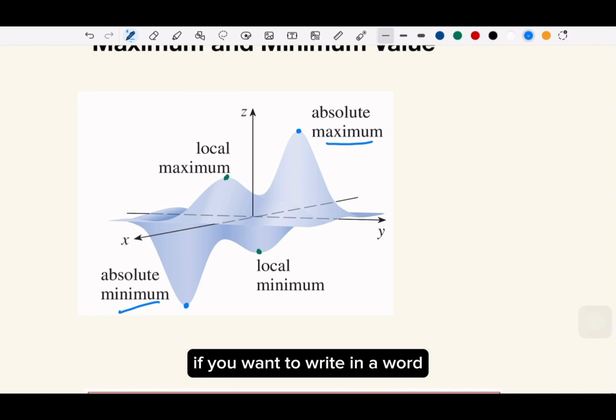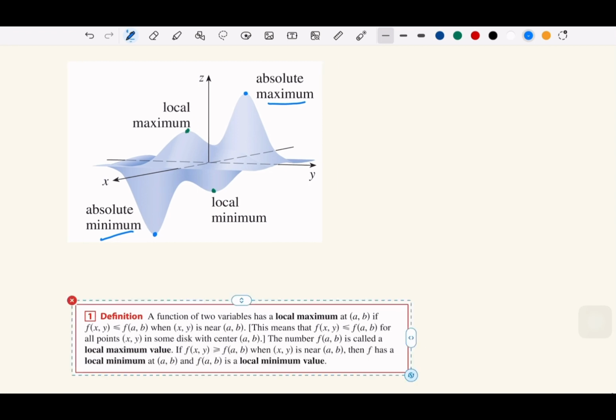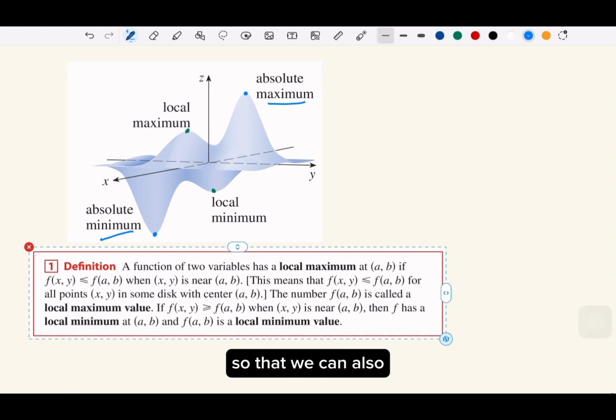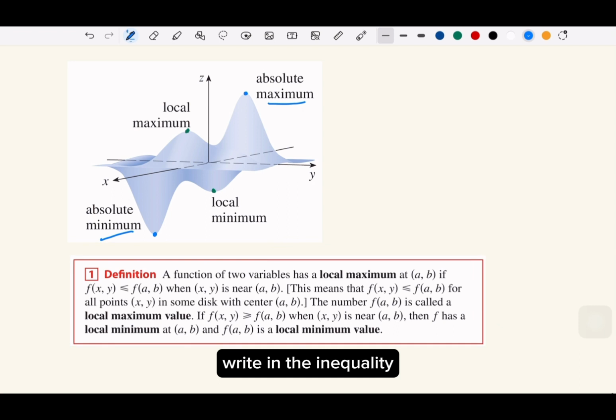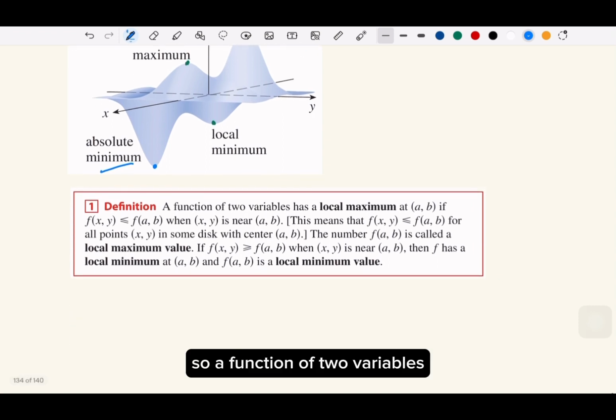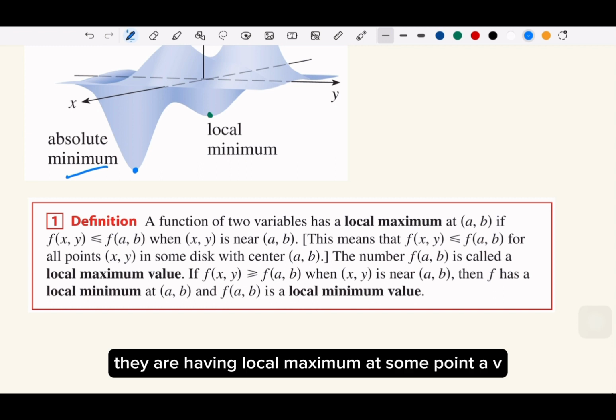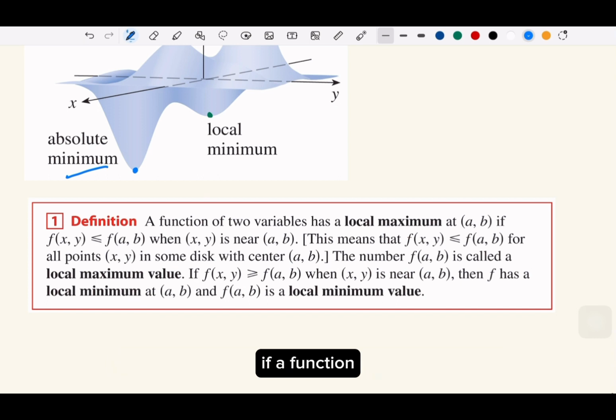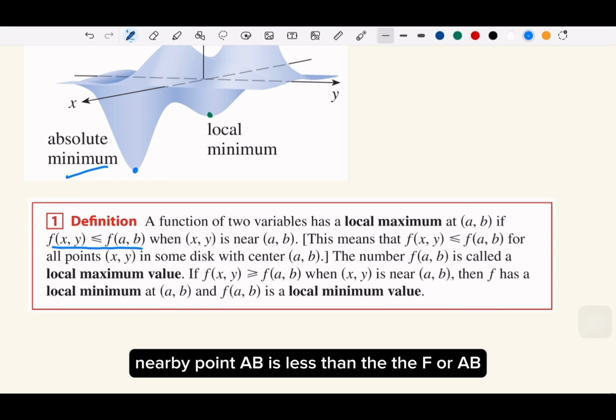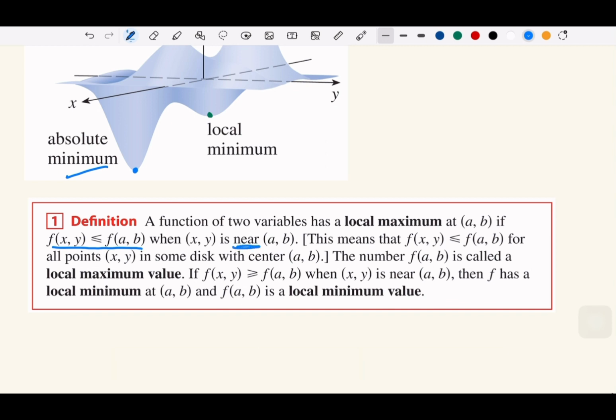So by definition, if we want to write it in words so that we can also write it as an inequality, a function of two variables has a local maximum at some point (a, b) if the function nearby the point (a, b) is less than or equal to f(a, b), the value at (a, b). So the key point for the local maximum is nearby, near (a, b).